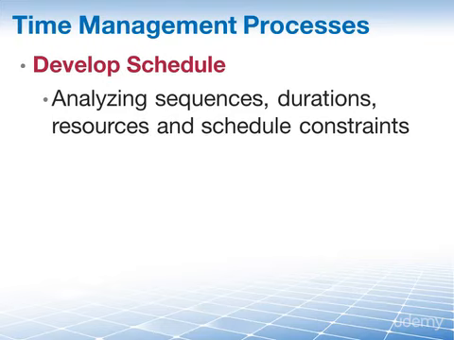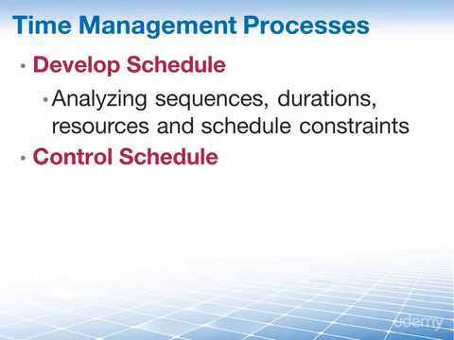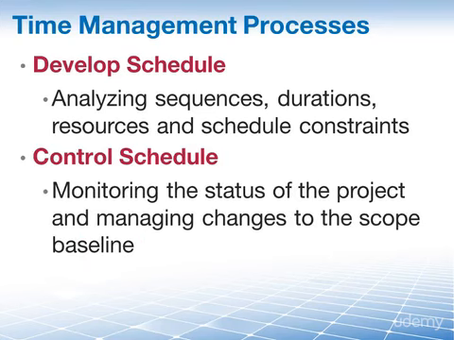And last but not least, I said it's important to stay on time, to deliver your project on time. You want to control your schedule. This is the process of monitoring the status of project activities to update project progress and manage changes to the schedule baseline to achieve your plan.